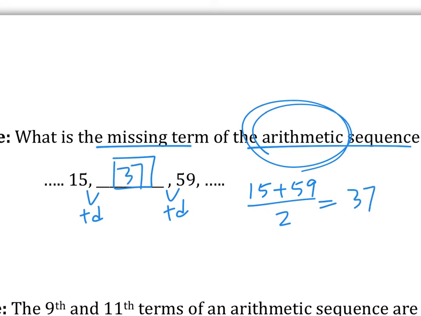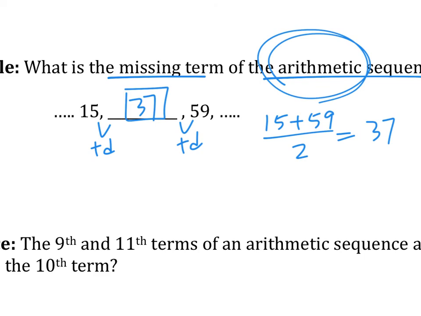Now, if you don't like it this way and you can't understand why it has to be this way, here's what I do. To get to the middle number, you add d, right? To get to 59, you add another d. So to get from 15 to 59, how many d's do you have to add? 2.